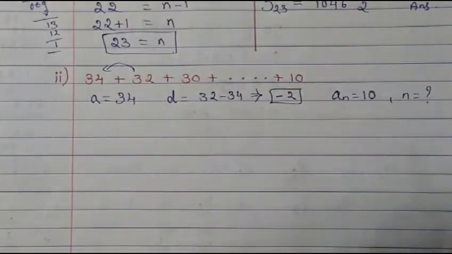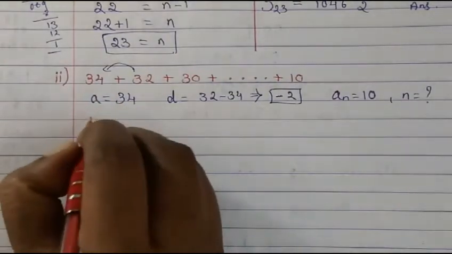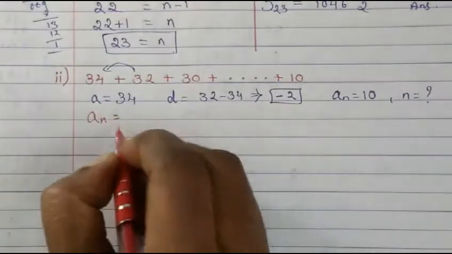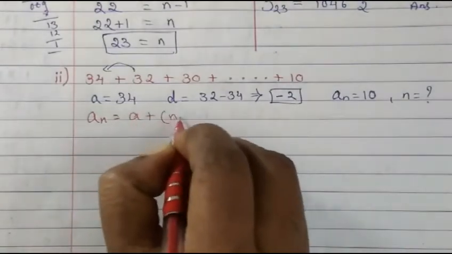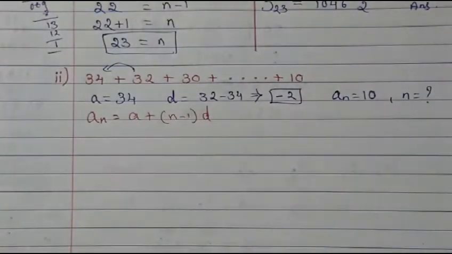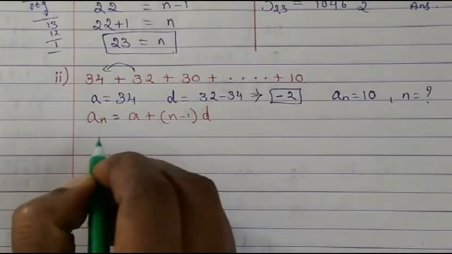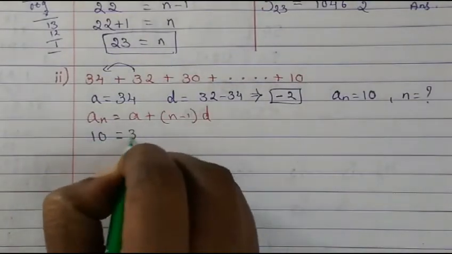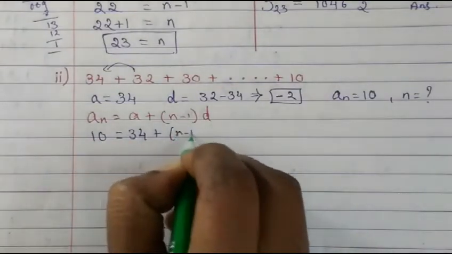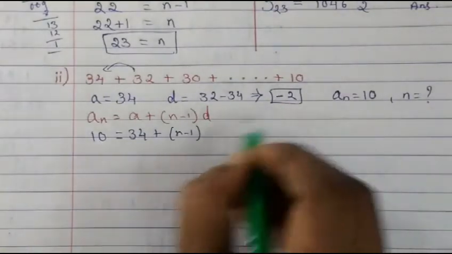So n we don't know. So let's find out. an equals a plus n minus 1 d. So an is 10 equals a is 34 plus n minus 1, d is minus 2.